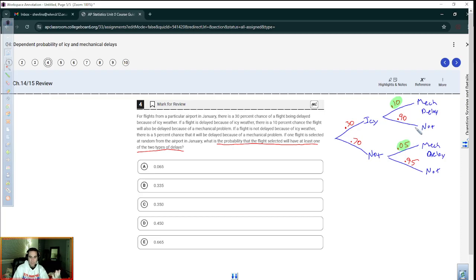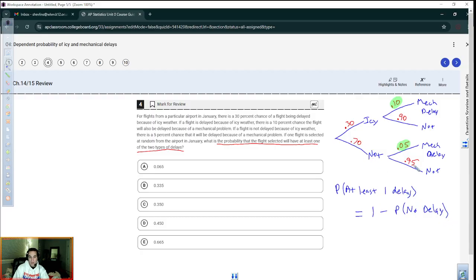You have that one. The quickest way to do this problem, it is an at least problem. And what do we say when we have at least ones? The quickest way is to do the opposite. So don't do the three branches. You can. It's not going to take you that much longer. But it'd be quicker if you do the no delay branch, because there's only one branch on here where you didn't have either delay.